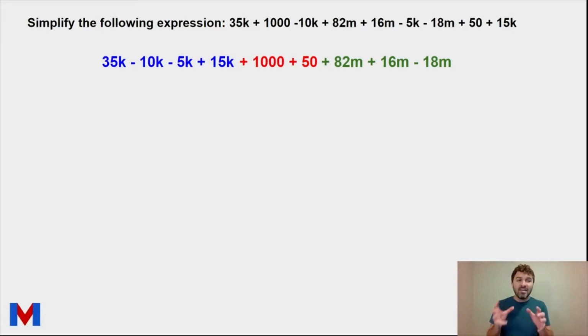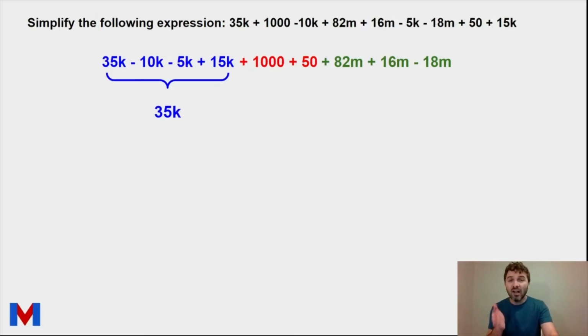And then I'm just going to simplify those terms that have the same variables, because when we're combining like terms, we can only combine terms with the same variables, or non-variables. So the blue, the Ks, simplifies into 35K, which means I have 35K minus 10K minus 5K plus 15K is 35K.